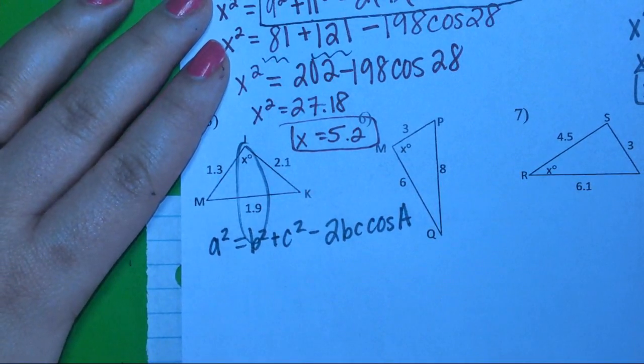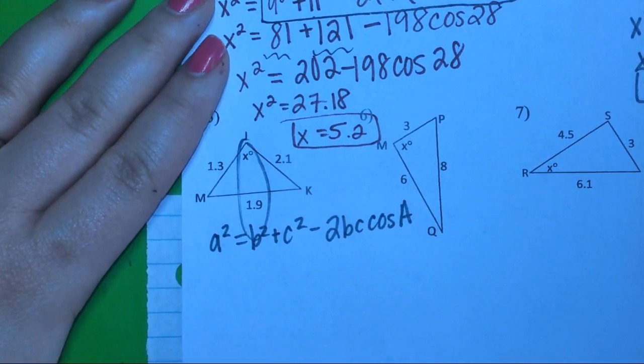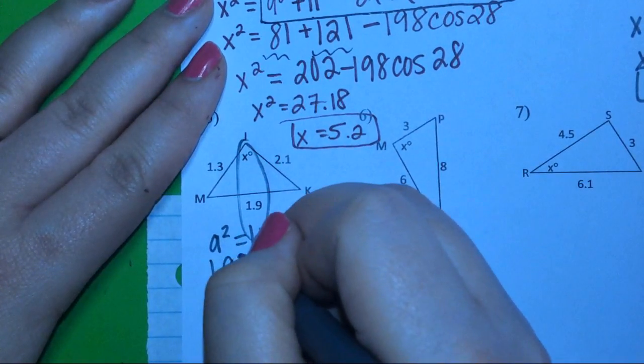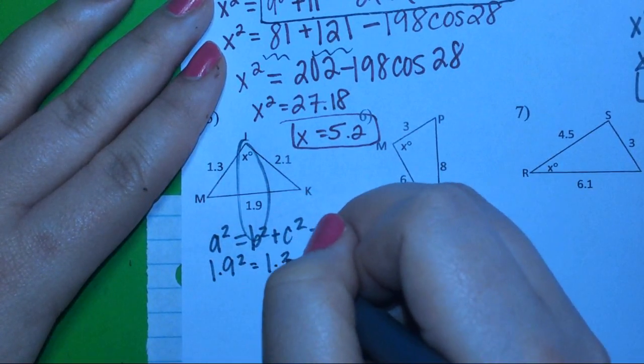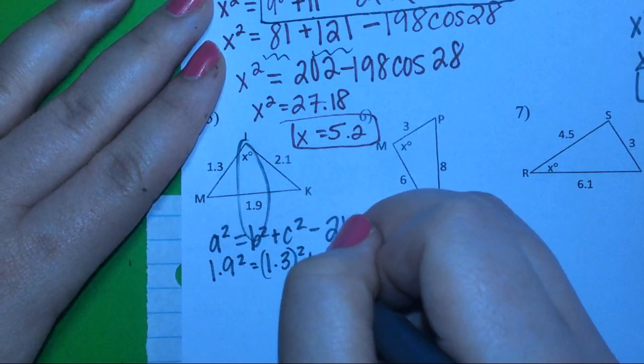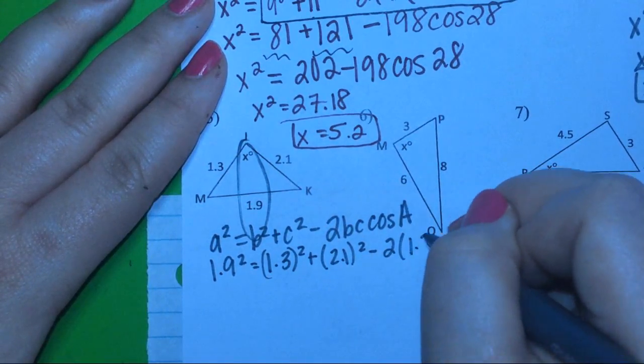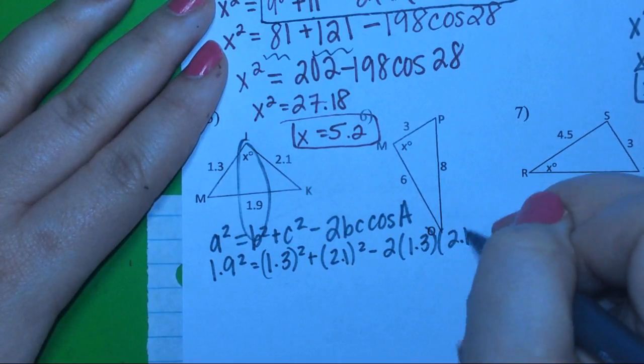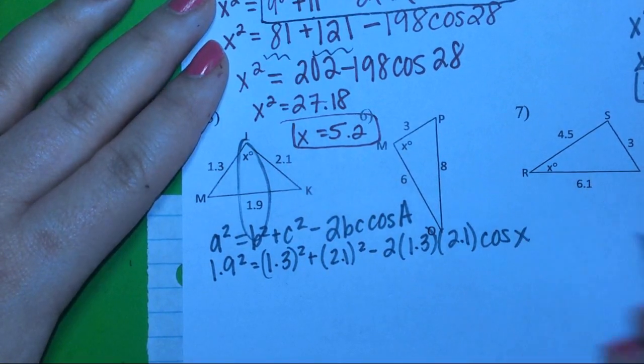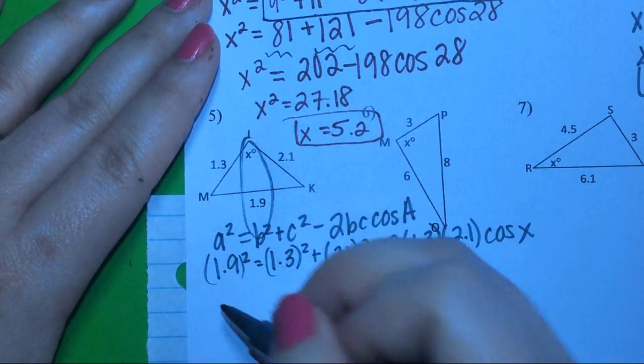What do I need to plug in for the a squared this time? Okay, so 1.9 squared equals, I'll do 1.3 for b. 1.3 squared plus 2.1 squared minus 2 times 1.3 times 2.1 cosine of x. So I need help with all these decimals.